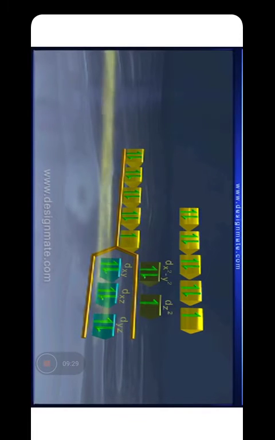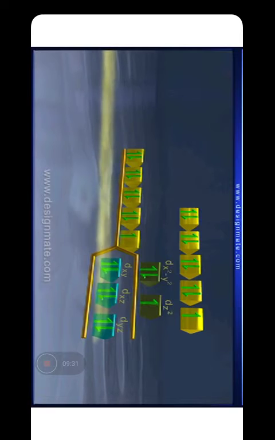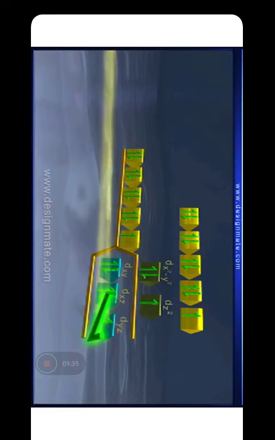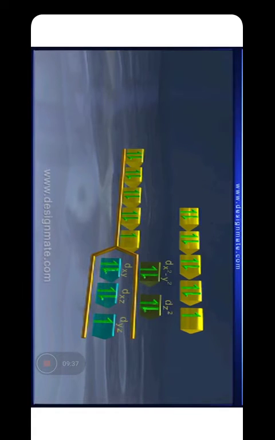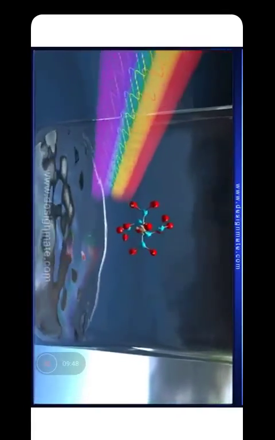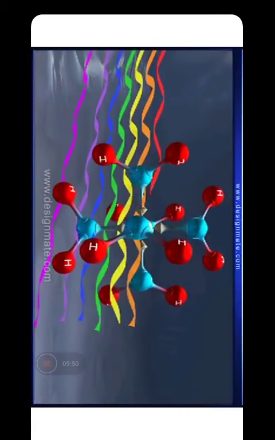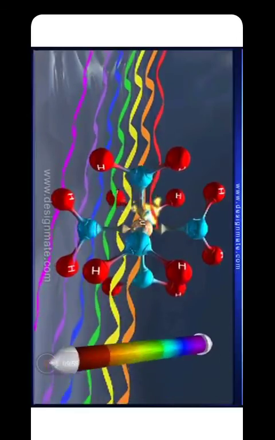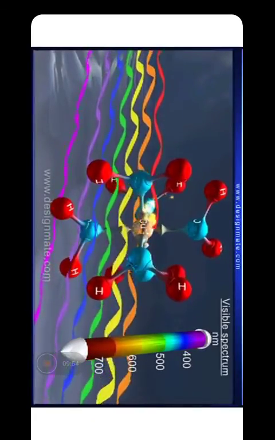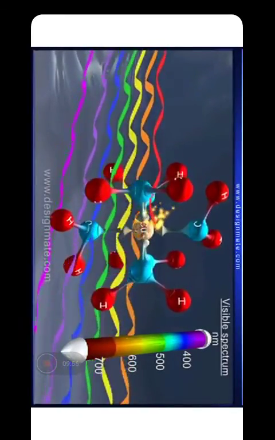When light passes through a solution of these ions, some of the light energy is utilized to excite an electron from lower energy level to a higher energy level. This amount of energy required to excite an electron corresponds to the energy associated with a particular wavelength of light. In the case of hexaaquacopper 2 ion, this energy corresponds to the wavelength of 605 nanometers of the visible spectrum, which corresponds to red light.